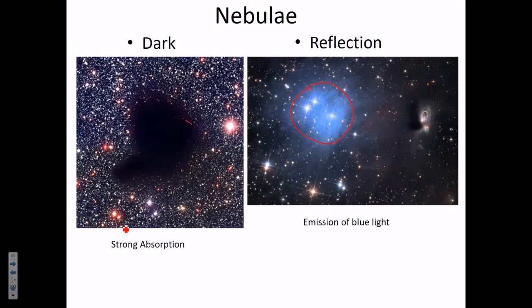And then over here on the left-hand side, you'll see this black spot that sits on the field of stars and galaxies behind it. Small versions of these would be 3 light years across. Okay, strong absorption of light, mainly dust and rock. So this is a slightly denser and more compact object that's a good place for star formation to occur, because we've got a dense collection of material to collapse.